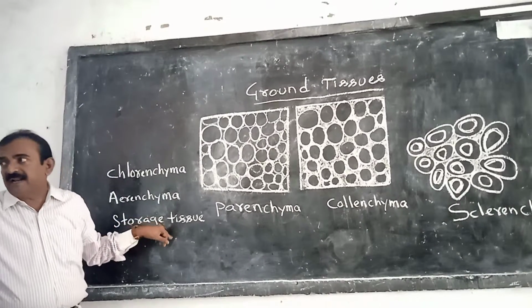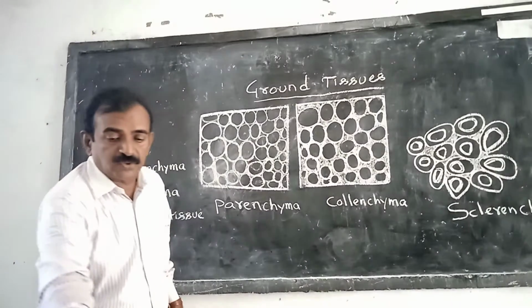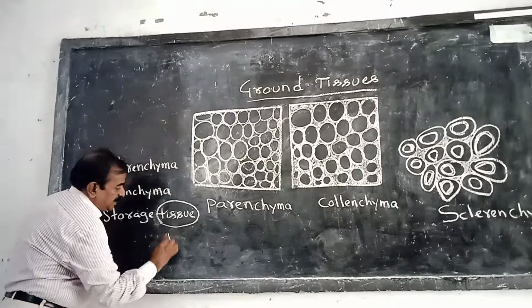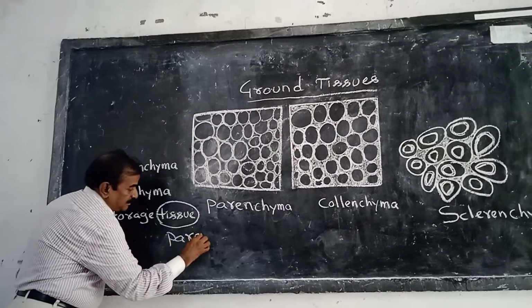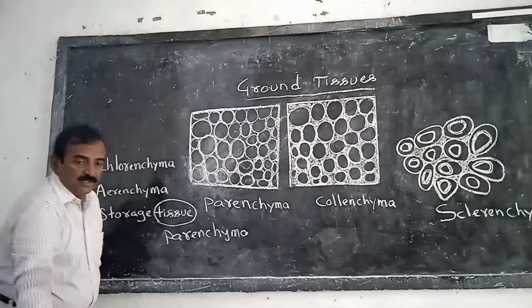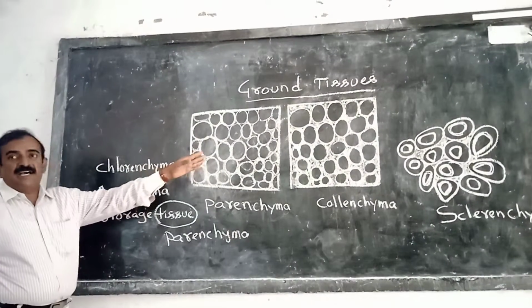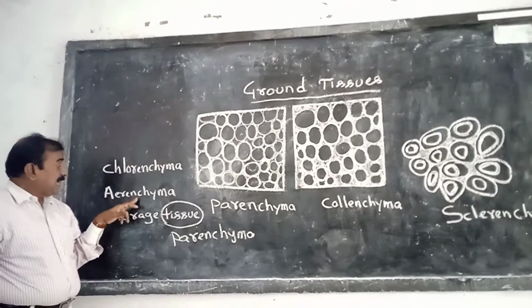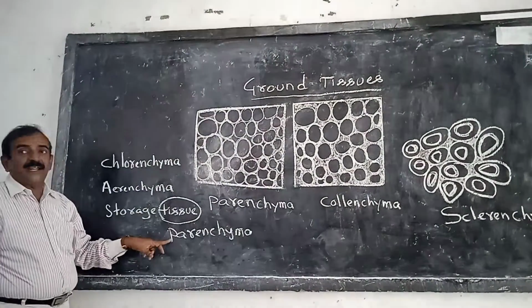Storage tissue, or storage parenchyma. So you see three types of parenchyma: chlorenchyma, aerenchyma and storage parenchyma.